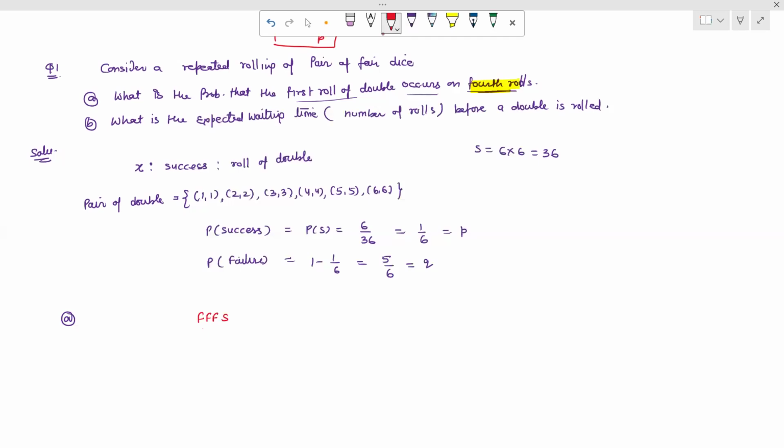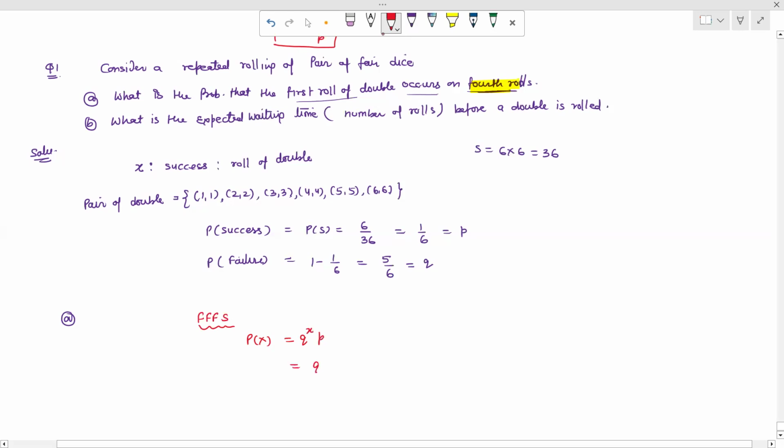So the probability of random variable x can be written as q raised to the power x, then we get the success. So what is the value of x here? The value of x is 3. So generally we write down q raised to the power x into p.